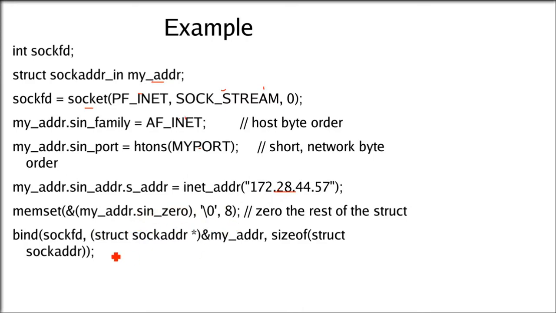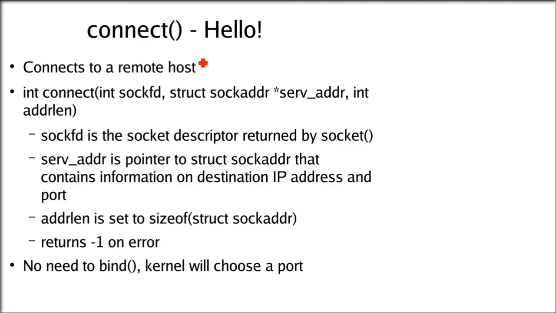All the remaining we just put to 0. Now we are binding it because we are binding it to a port number. So we have first sockfd, the file descriptor we needed. Then we have the struct sockaddr, and now we have the reference of my_addr, and now the size of this sockaddr structure only.